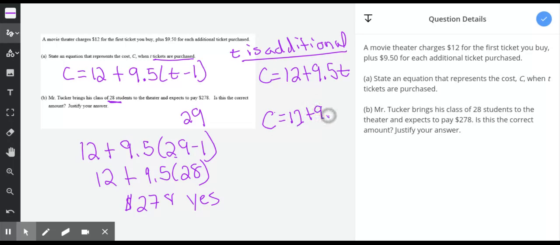So it would just be 12 plus 9.5 times 28, which would still give me 278. I would accept either way on the test.